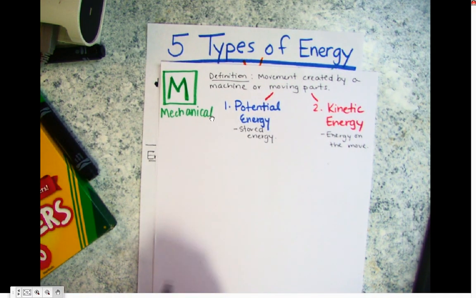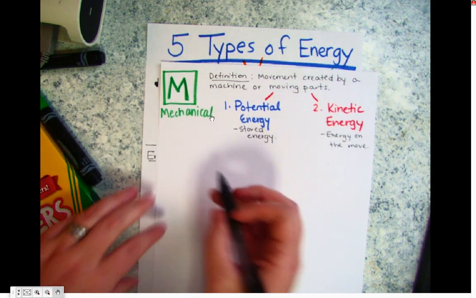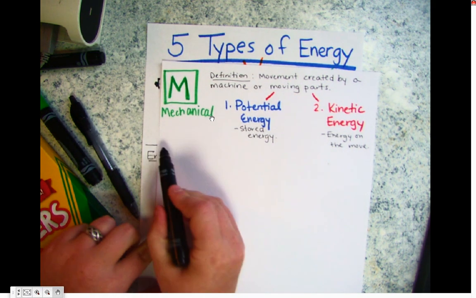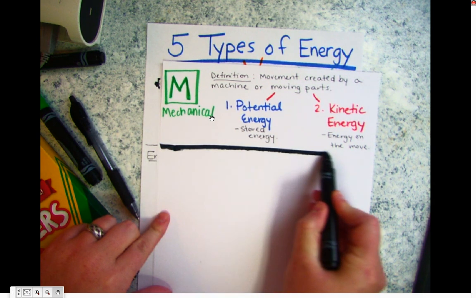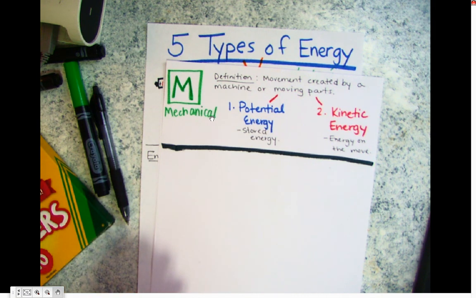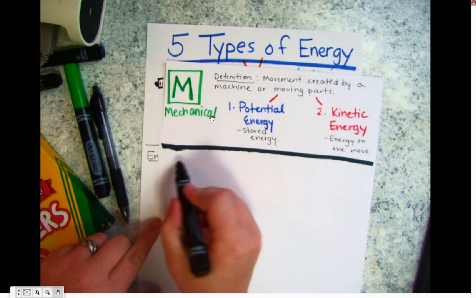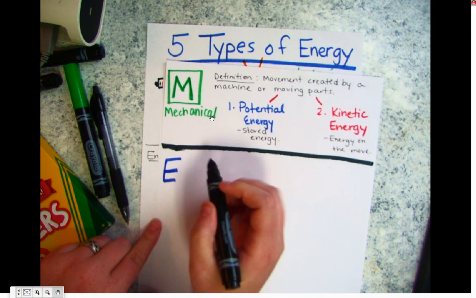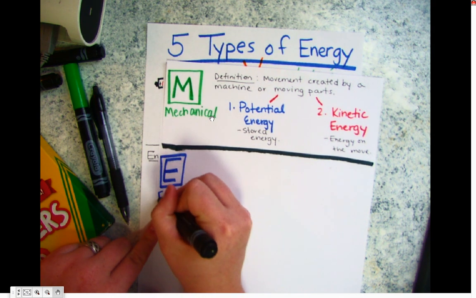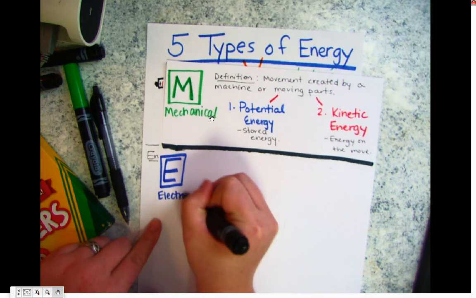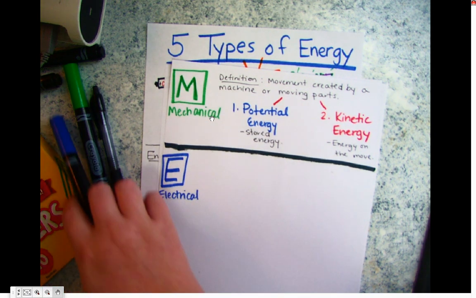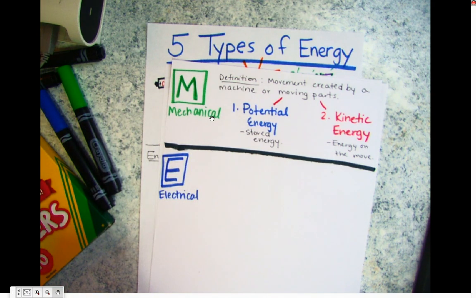All right. Number 2, we're going to draw a line between these guys. Number 2, we have, starts with an E, so maybe take a guess. Electrical. Okay, now when I think about electrical, I automatically think about electricity.